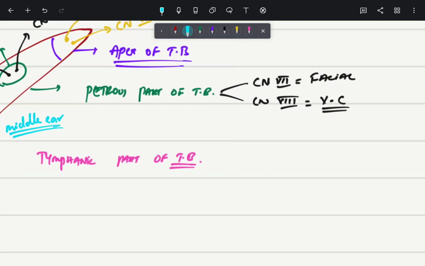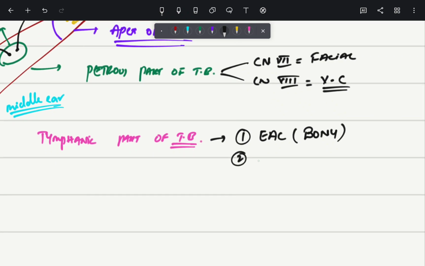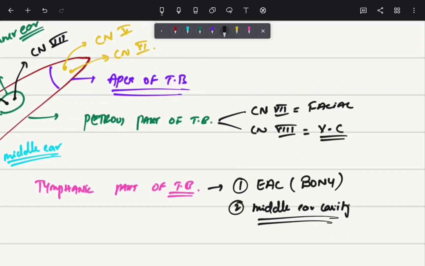And the structures present in the apex are cranial nerve number 5 and cranial nerve number 6. I hope you are clear with this.